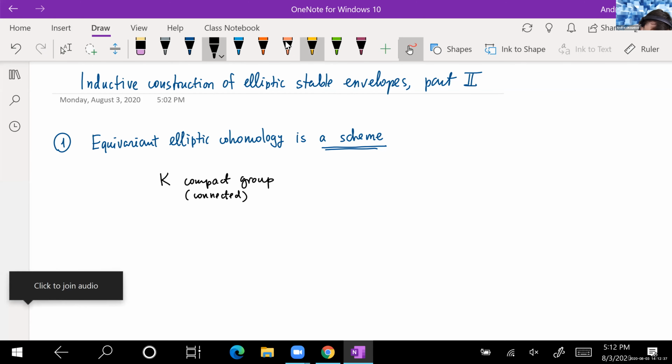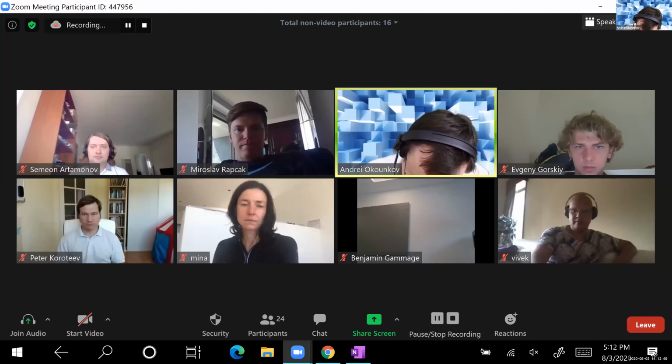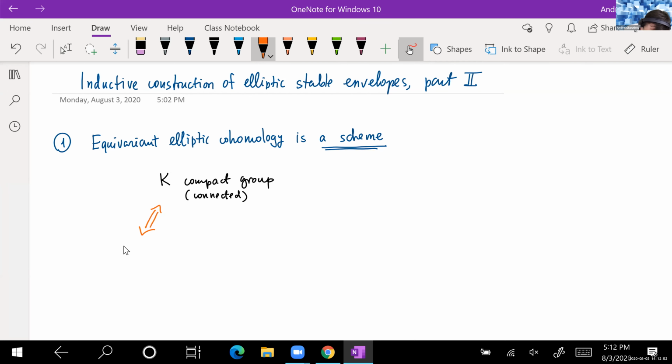Those compact connected groups all very nicely correspond to connected reductive groups G. And we will mainly be interested in the case when in fact it is abelian, so it's a torus.